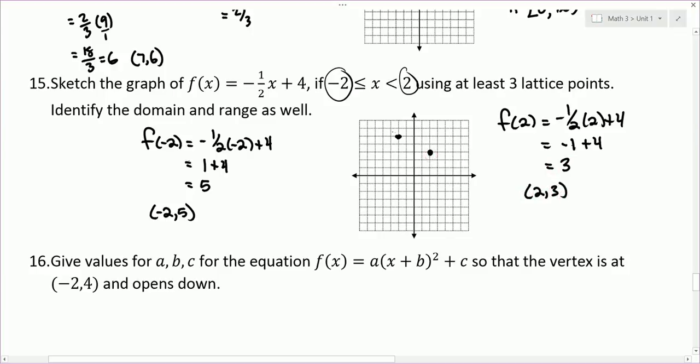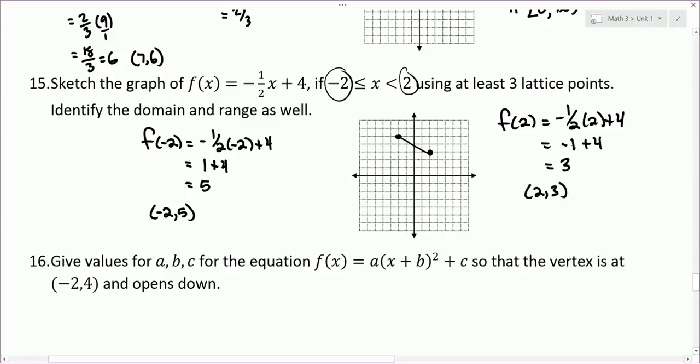Have our 2 points. And careful here, those are the endpoints. So we're only connecting what's in between them. You know, if we asked to graph the whole line, we'd extend past those points, put an arrow on each end, but this is restricted.